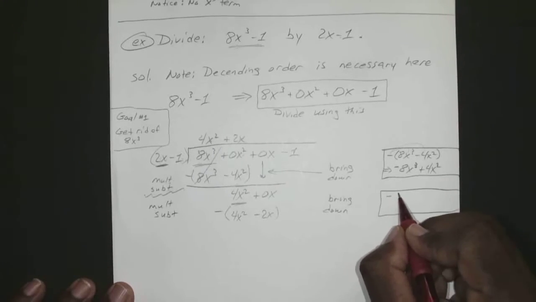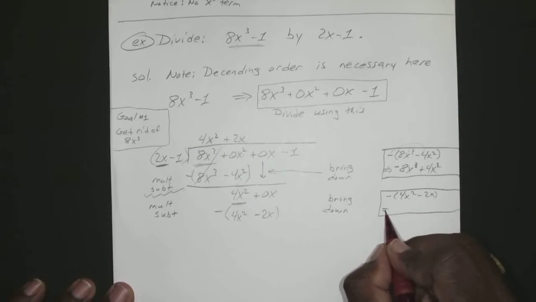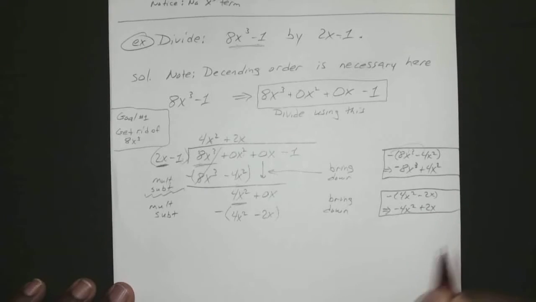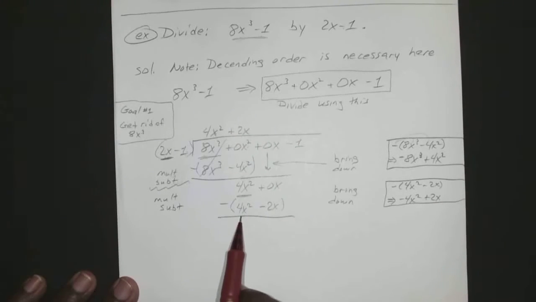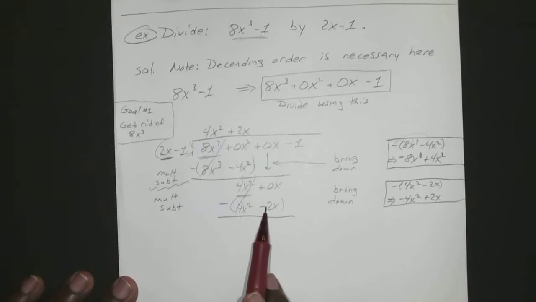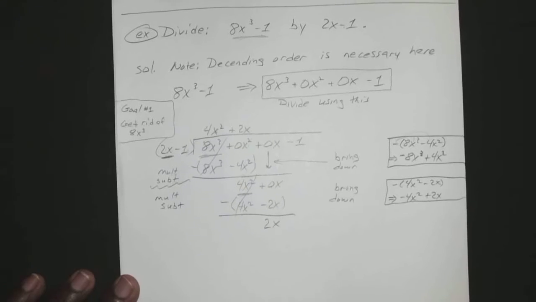Remember that negative 4x squared minus 2x, once you distribute, is negative 4x squared plus 2x. Okay, so 4x squared minus 4x squared is 0, so that disappears. Okay, so 0x plus 2x, remember that becomes positive, is 2x.